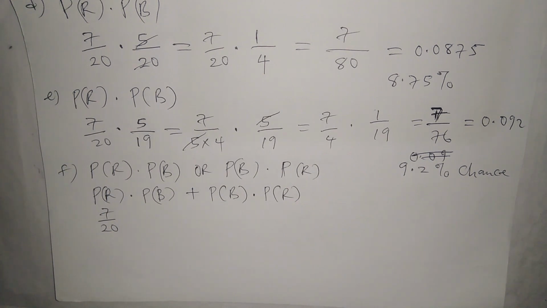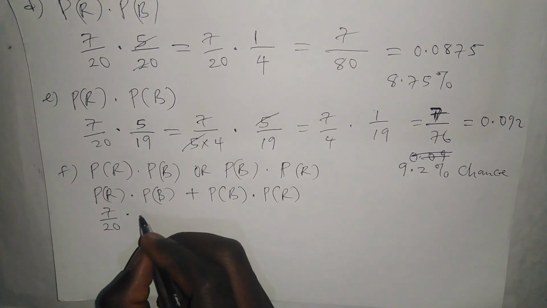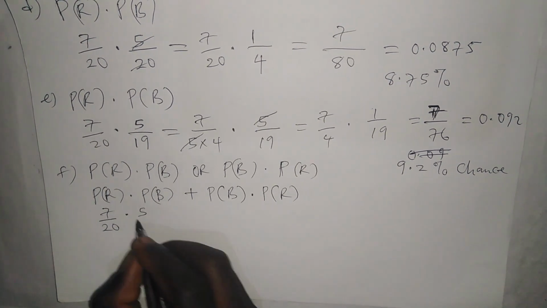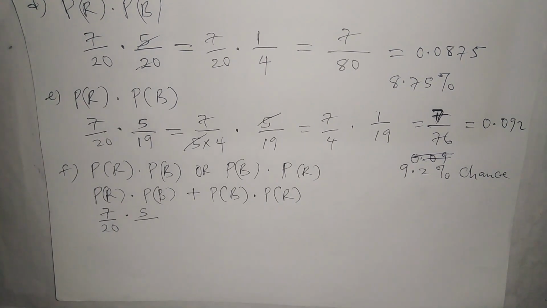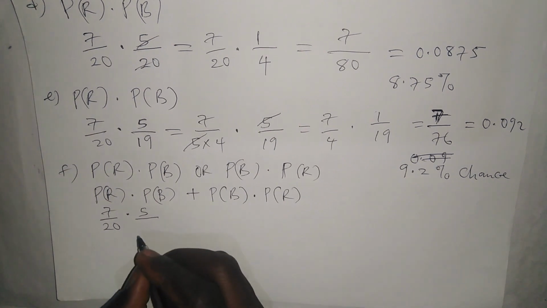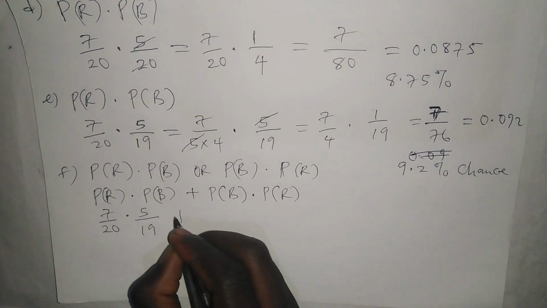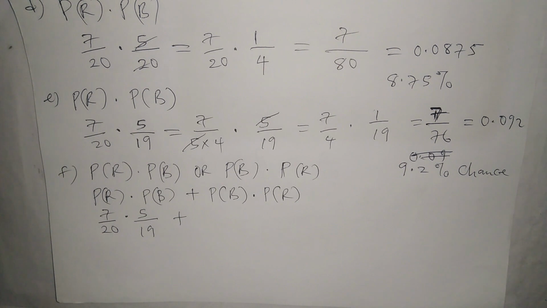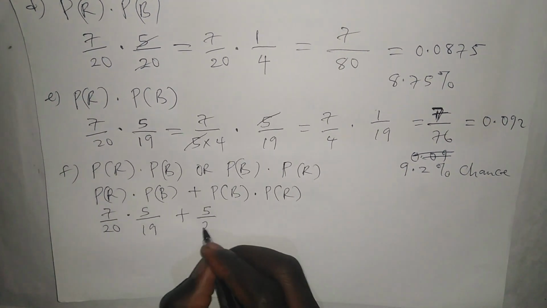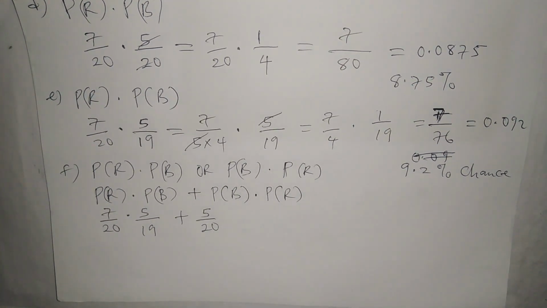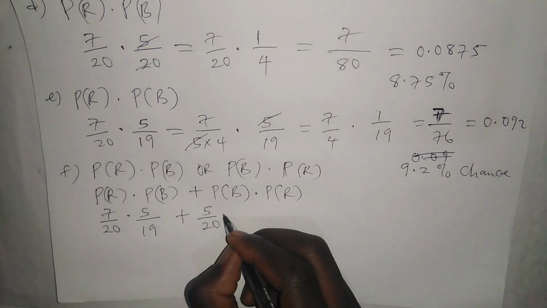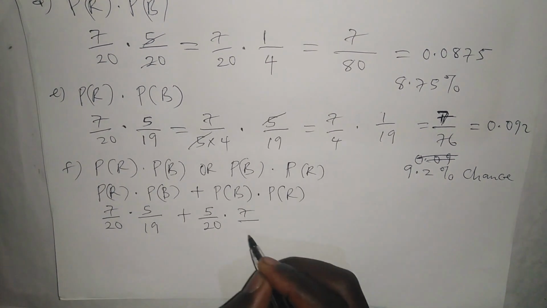Now, it says without replacement. So if you select a red marble, for the blue marble we have 5 blue marbles in the jar, but then we'll have 19 marbles left because we have taken one marble. So we have 19. Or we could select a blue marble first, a total of 20, then we select a red marble next.